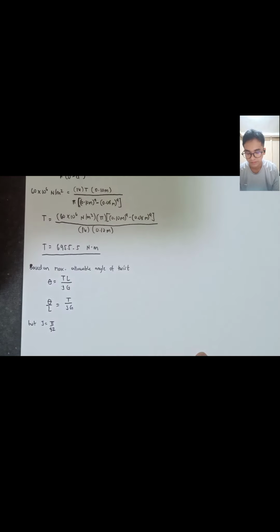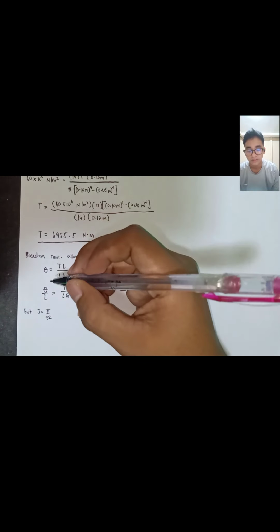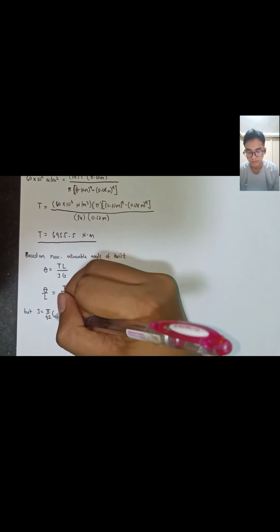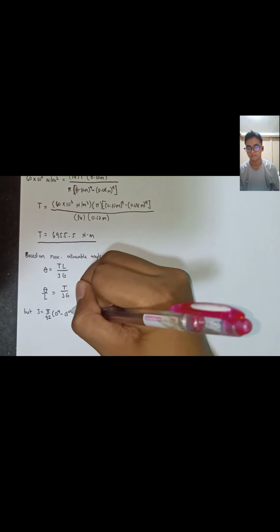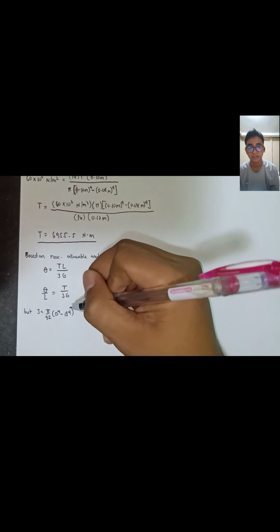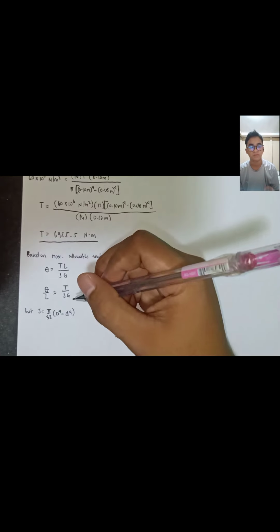Solve muna natin yung J natin. So, J is equals to pi over 32 times outside diameter raised to 4 minus inside diameter raised to 4. Yan ang formula na gagamitin natin para makuha yung polar moment of inertia.